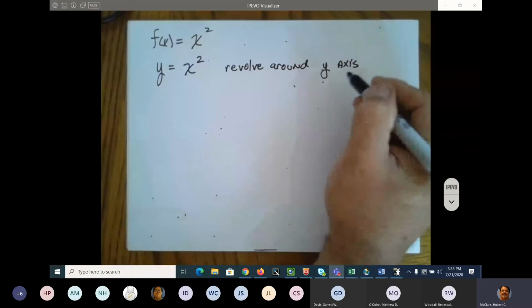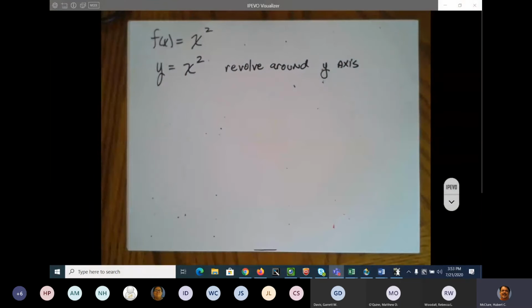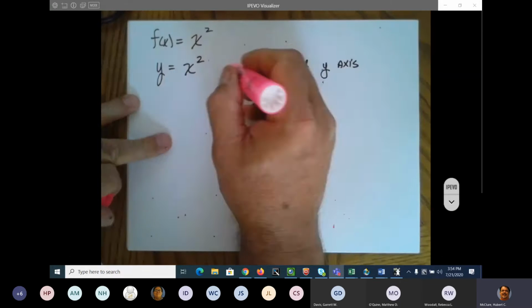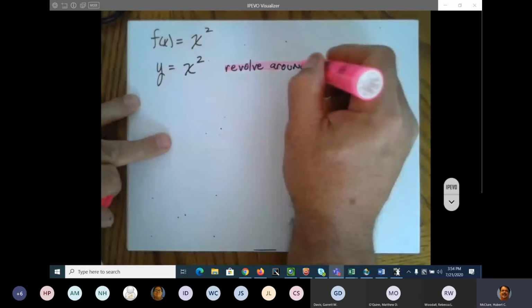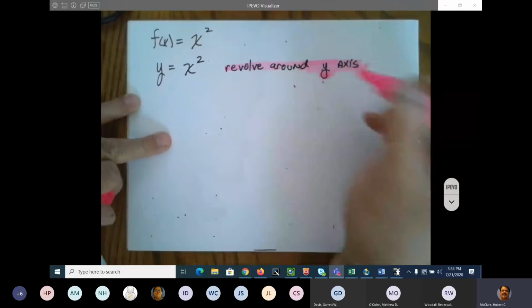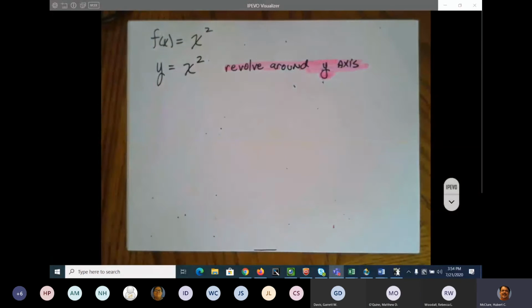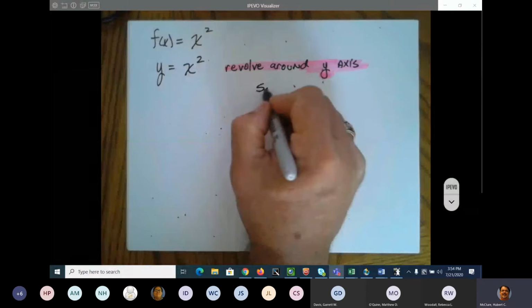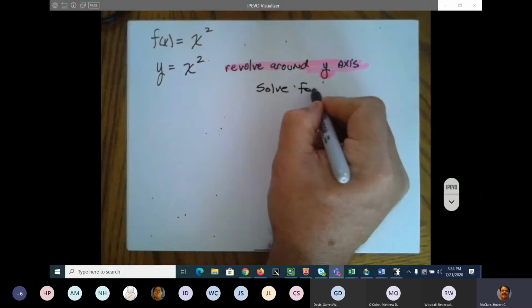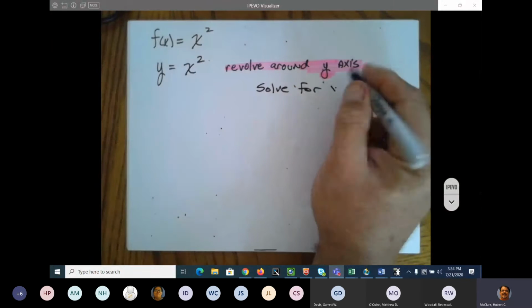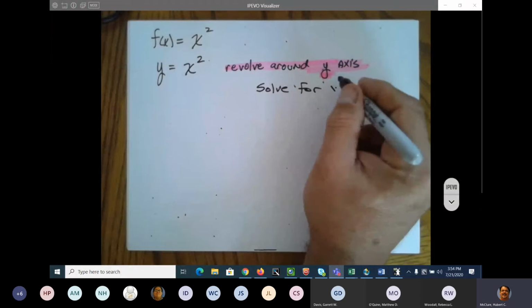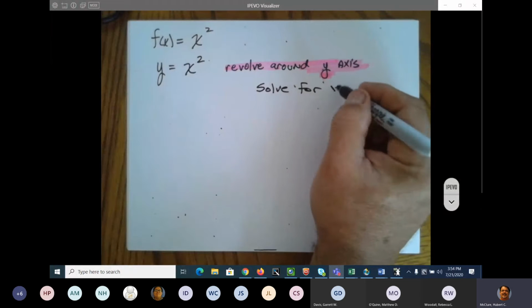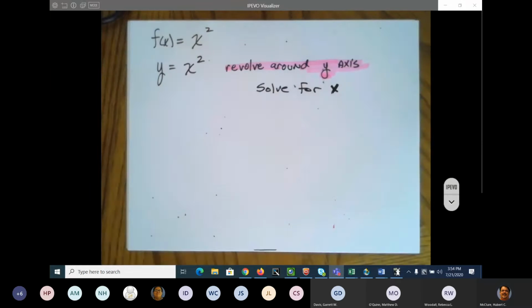the first thing you're going to think about is solve for what? Solve for x. It's the opposite.